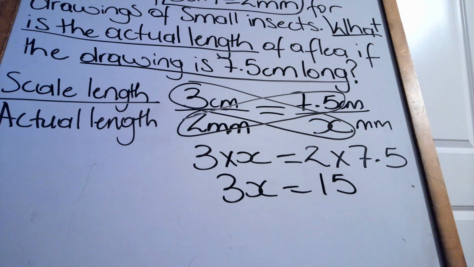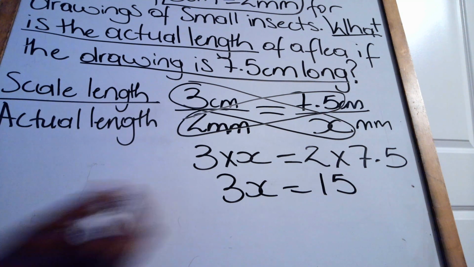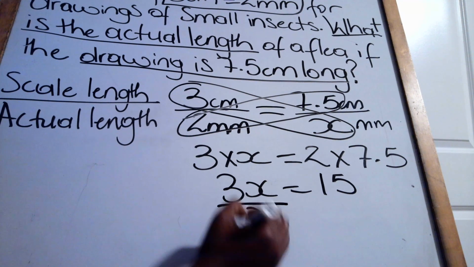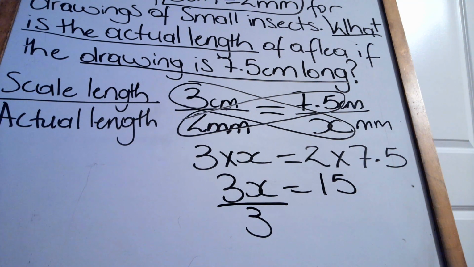Remember, any number we divide by itself is 1. 100 divided by 100 is 1. A million divided by a million is 1. 2 divided by 2 is 1. So we divide by 3 for the coefficient of the unknown to become 1, because we want to know what 1 of the x is equal to.